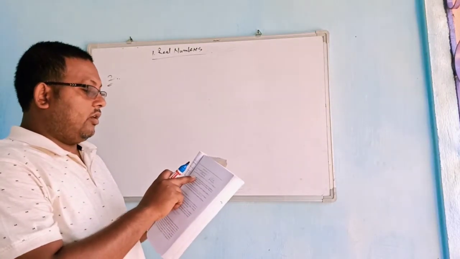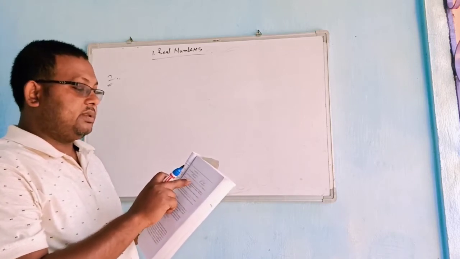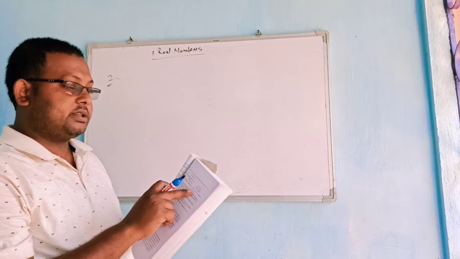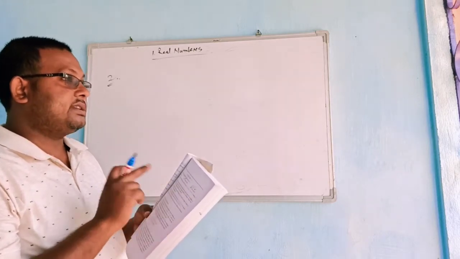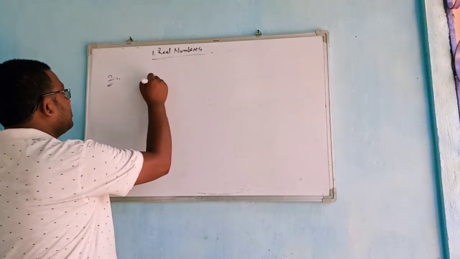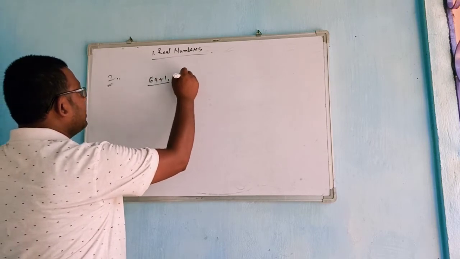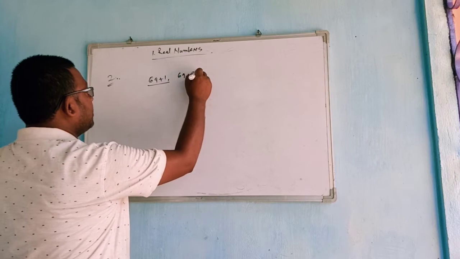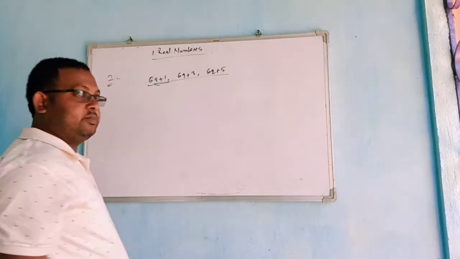Show that any positive odd integer is of the form 6q plus 1, or 6q plus 3, or 6q plus 5, where q is some integer.